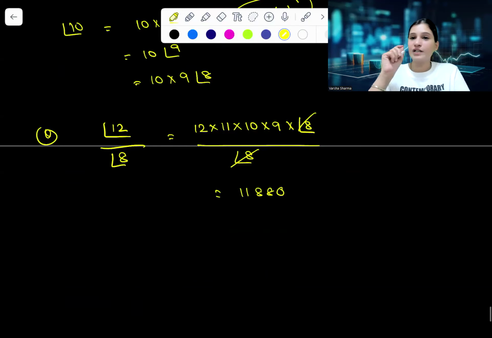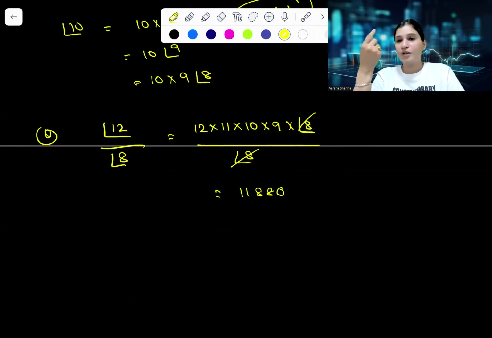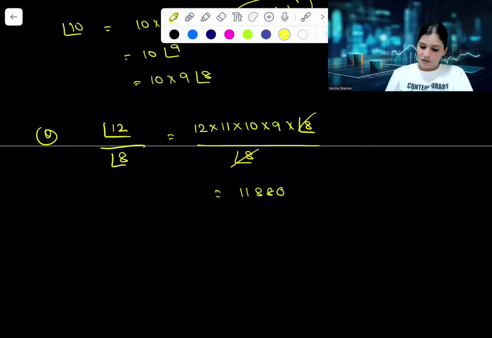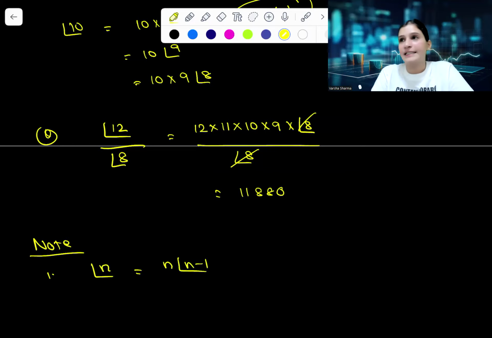Now, what is the smallest value of n allowed here? 1, because it's a natural number, right? I can write factorial n as n into (n minus 1) factorial. Do you all agree? And what is the smallest value of n that is allowed to be put here?